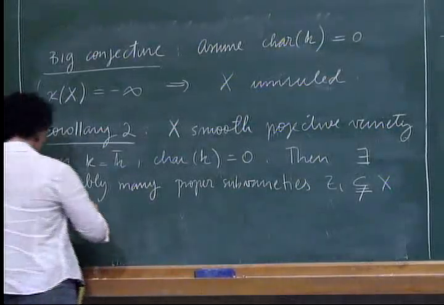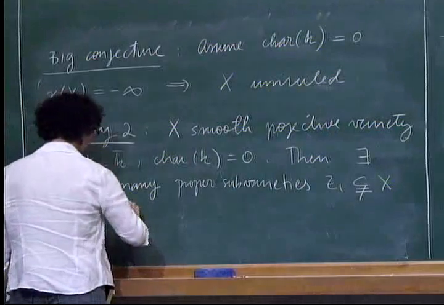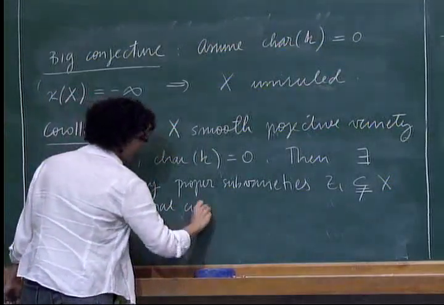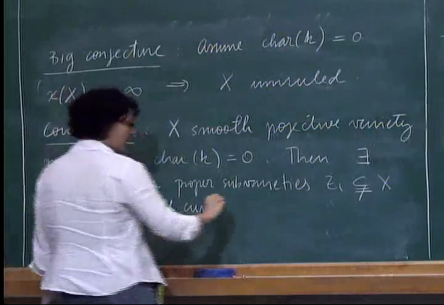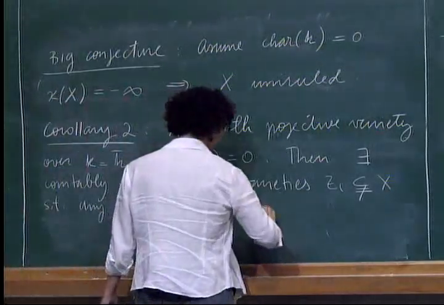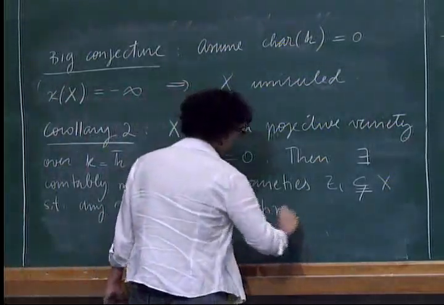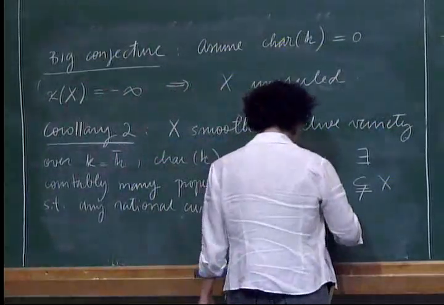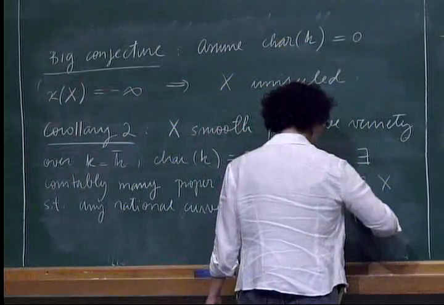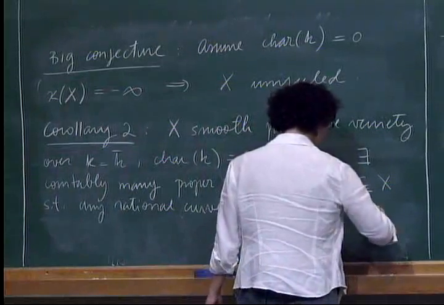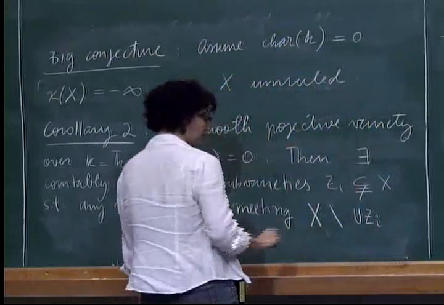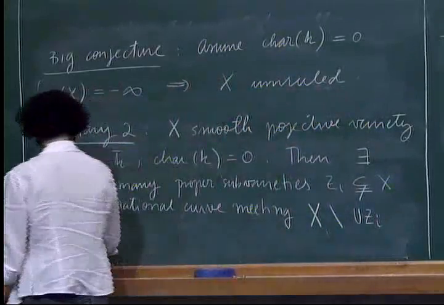such that any rational curve meeting the complement of this variety, so meeting X minus the union of the Zi's, is free.